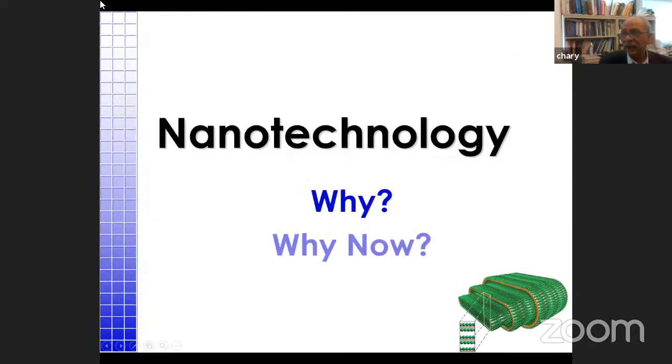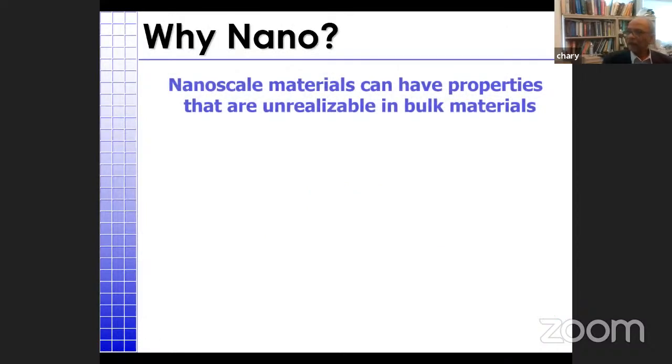So what is nanotechnology and why is it now? All right, so here is the important aspect. When you take a material and bring the size of the material into the nano regime, at this time, I think it is important that I define exactly what I mean by nano.